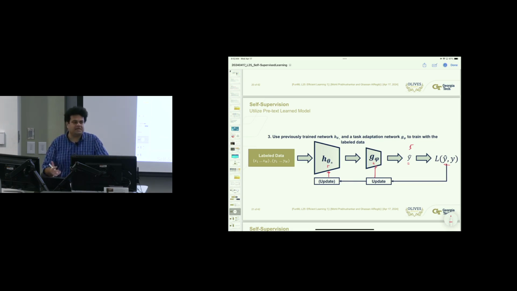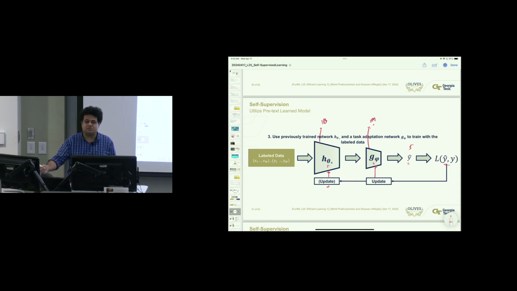But essentially what I'm saying is that h theta has, let's say, 1 billion parameters, while G psi will have a much smaller number, which let me call 1 million parameters. So the idea of self-supervised learning is that I can train a very large model based on a pretext task, but then I have to add on a very small model.